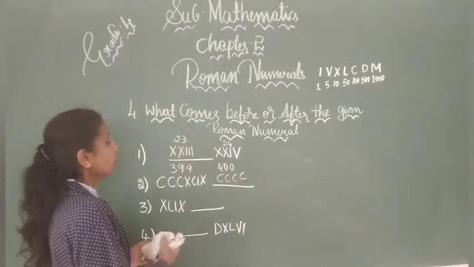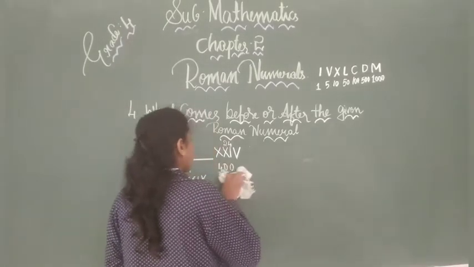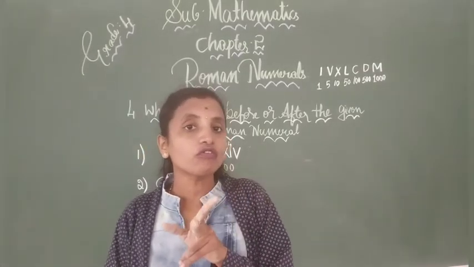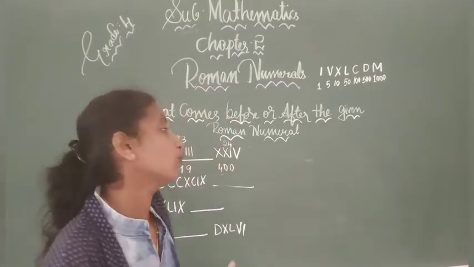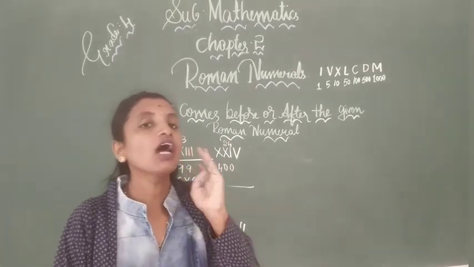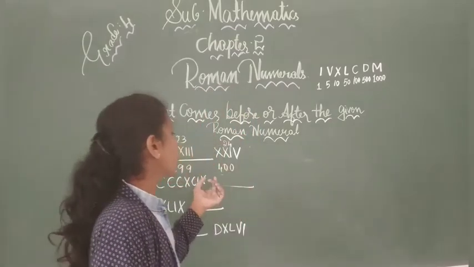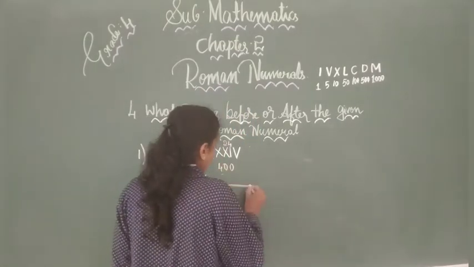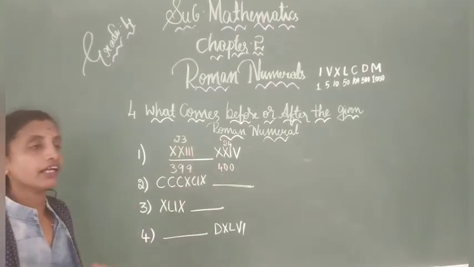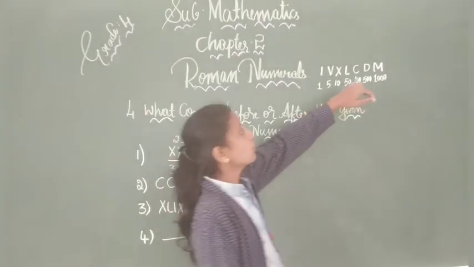No, it's wrong. Because I already told you in the rule of repetition, you can repeat a numeral only twice or thrice. The fourth time should not happen. So how do you write 400? You know, CD.